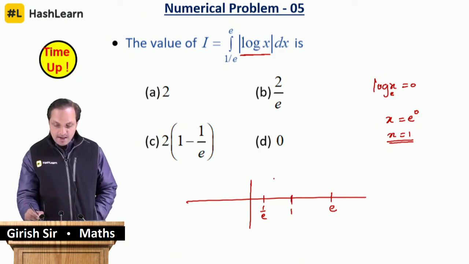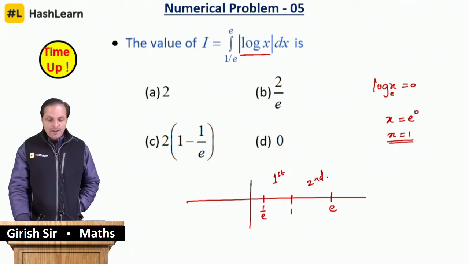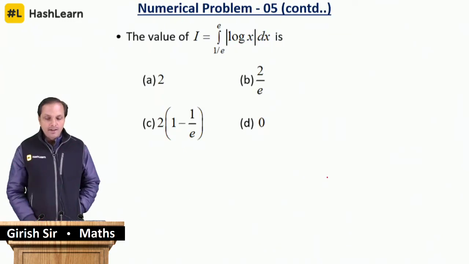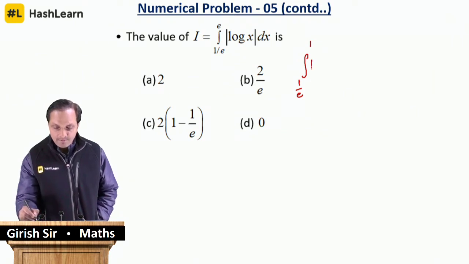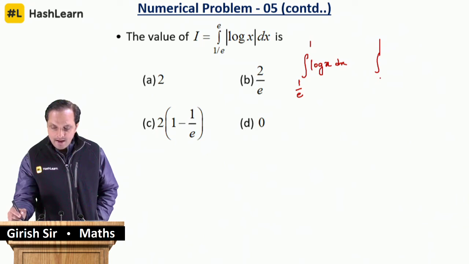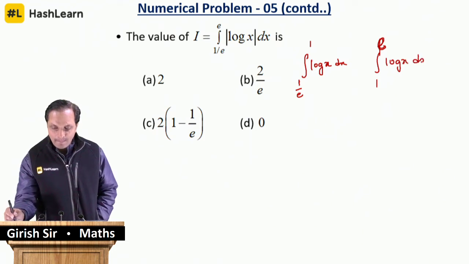This is your first interval and this is your second interval. Let me take the next slide and integrate it. So 1 by e to 1 is the first interval. I'll treat log x as it is, dx, and this is e, this is 1, this is log x dx.